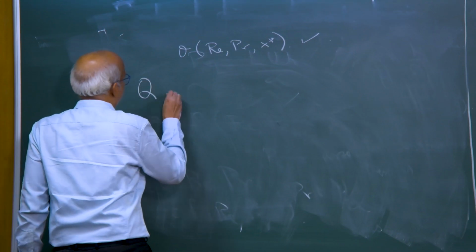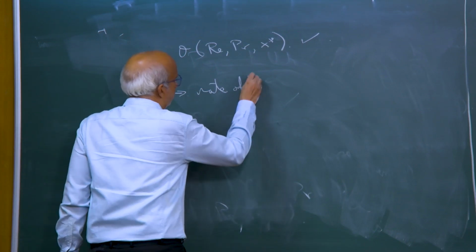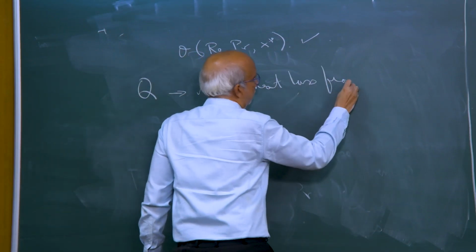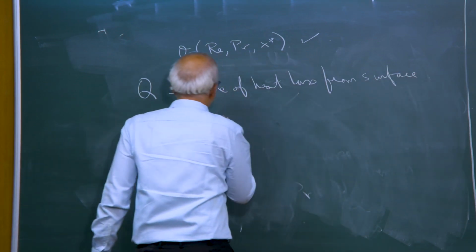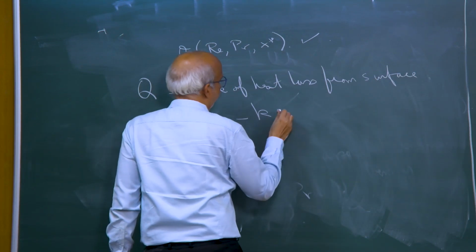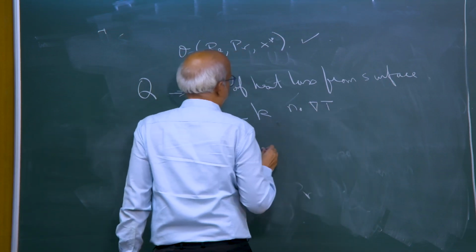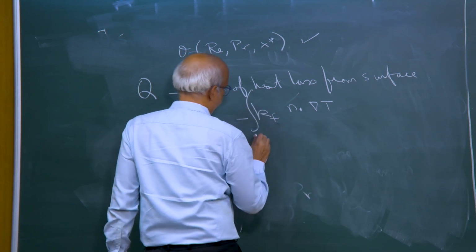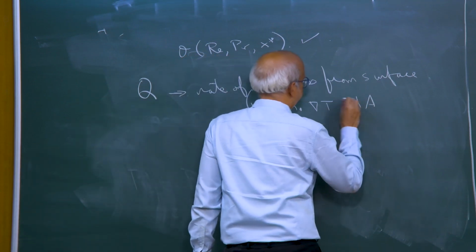How do you calculate the heat transfer? Q, the rate of heat loss from the surface, is given by minus K n dot del T integrated, this is the K of the fluid, integrated over the surface dA.